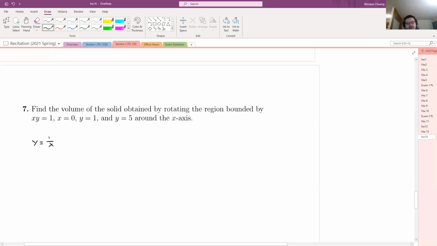Probably you would choose to solve it this way, and you see that this is a standard hyperbola, y equals 1 over x. So x equals 0, y equals 1, let's say that's around there, and then y equals 5, let's say it's around there. And so this is the region that we're working with, and we're revolving this around the x-axis.